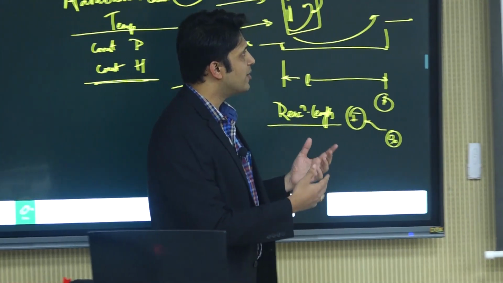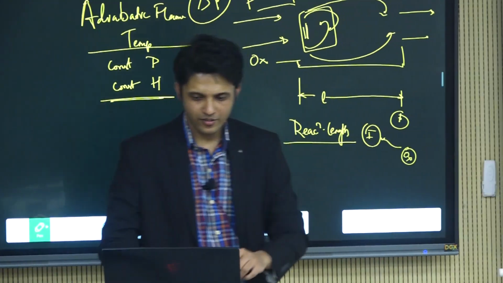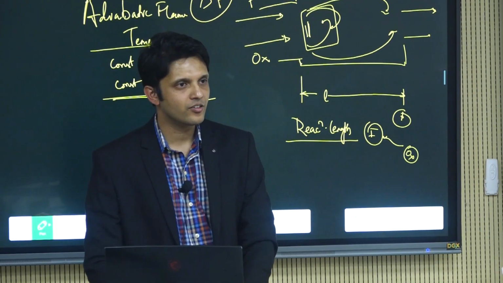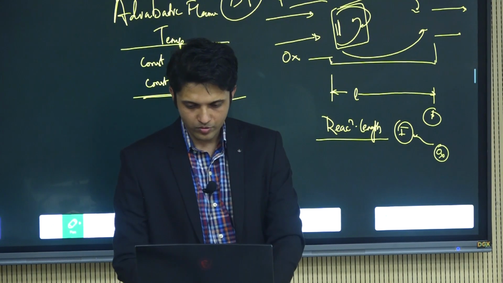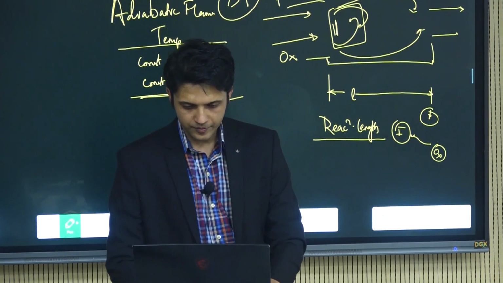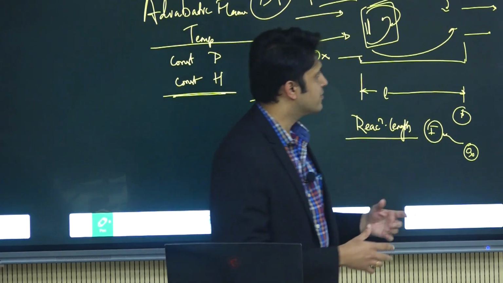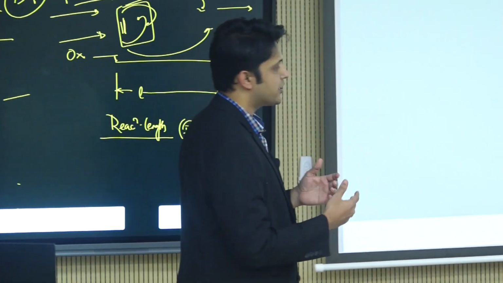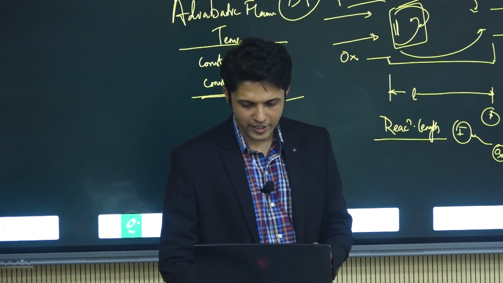Equilibrium temperature means what is the final state? Any guesses? 700 degrees Celsius, someone said, right? So we can accordingly enter around 1000 Kelvin. Then what should be our good guess for equilibrium pressure? 1 atmosphere, because this is a constant pressure process.